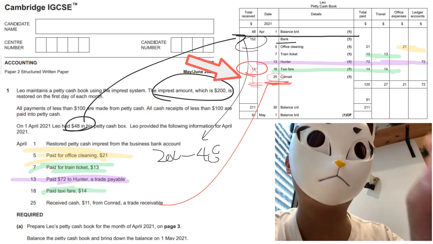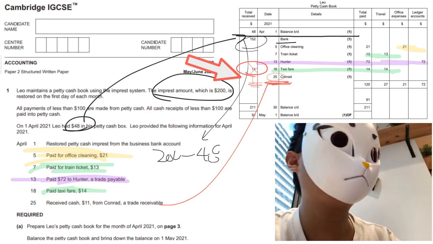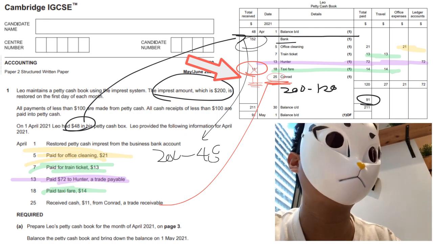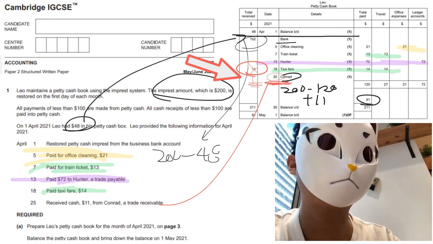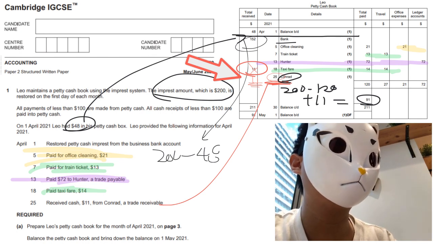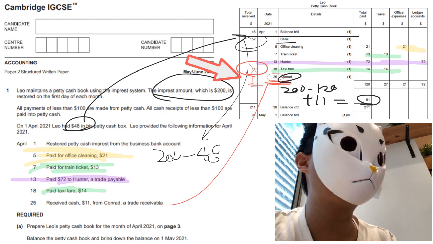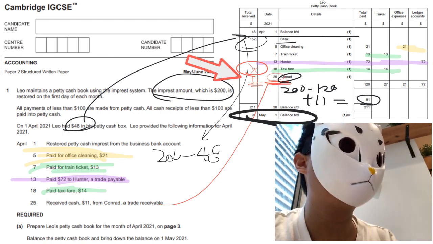Maybe I would give you a formula. Let me mark it down. The 200 opening balance, minus 120 expenses, plus the $11 we've just mentioned, equals 91. The balance brought down would be 91.